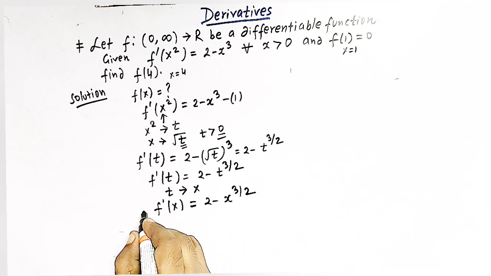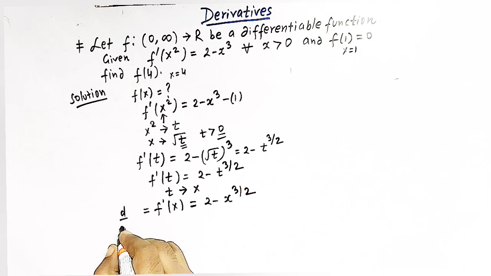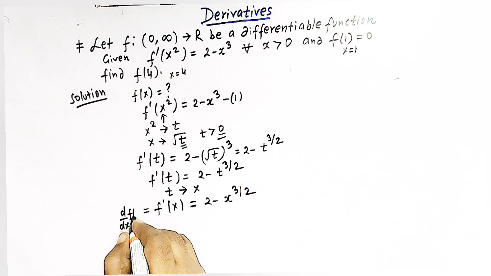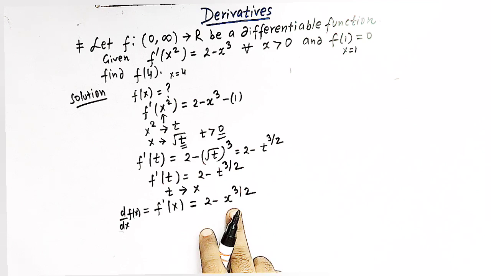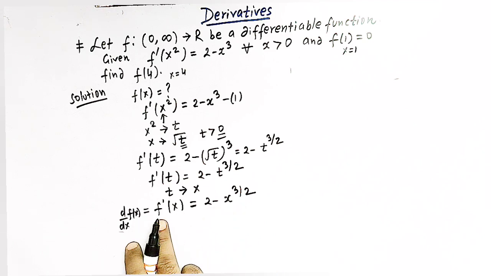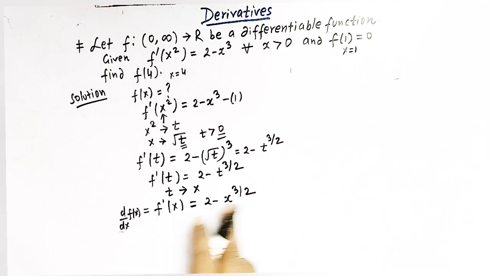So now we have d by dx of f of x, and this is a differential equation, and we can easily find the function f of x by integrating both sides with respect to x.